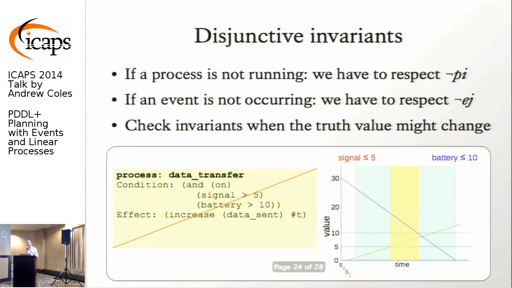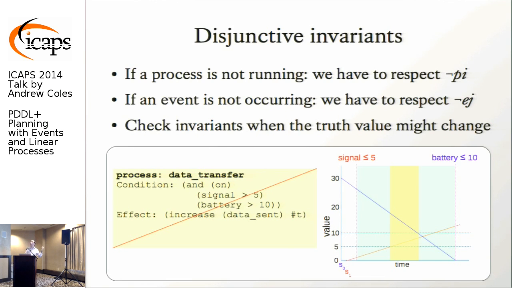But the other complication, which means, in fact, looking at the state of the art, we did need to modify the planner all along, are disjunctive invariants. Now, POPF and our existing planners do not handle ADL. So as soon as we take a negation of a process's condition, even if it's a conjunction, we end up with a disjunction. So we have to say that one of the terms in that conjunction is false to guarantee the process isn't happening.